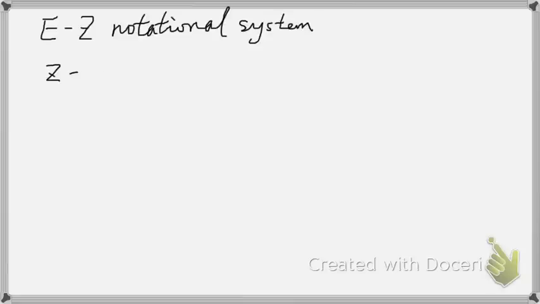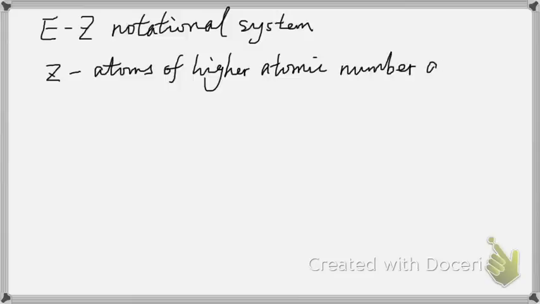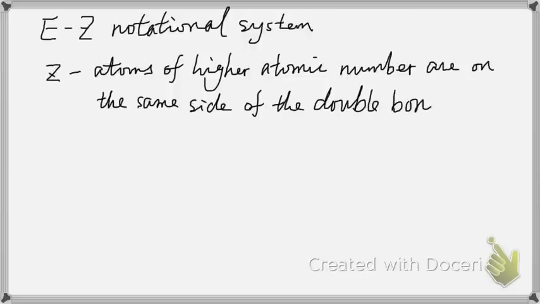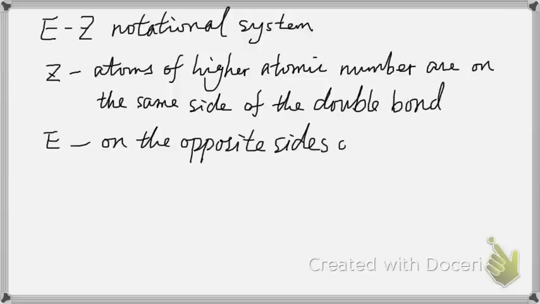So next, we're going to introduce the E/Z notational system. Here, Z means atoms of higher atomic number are on the same side of the double bond, and E means the atoms of higher atomic number are on the opposite sides of the double bond.